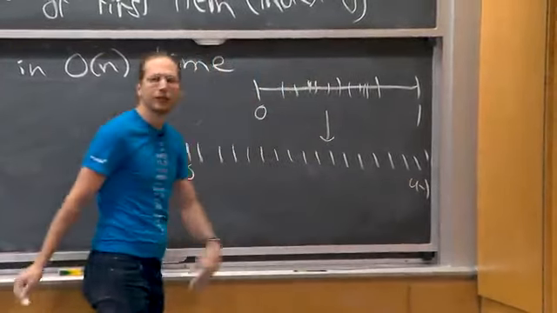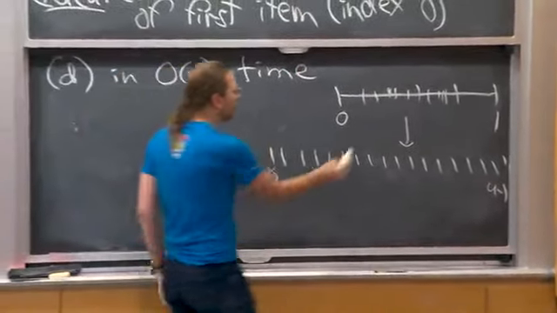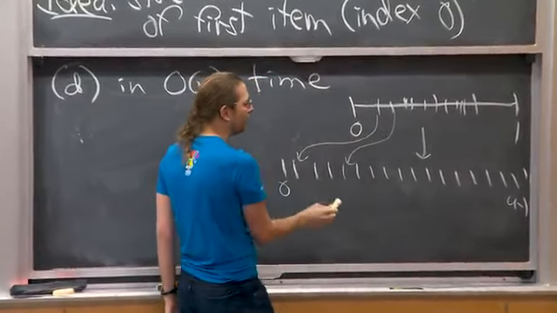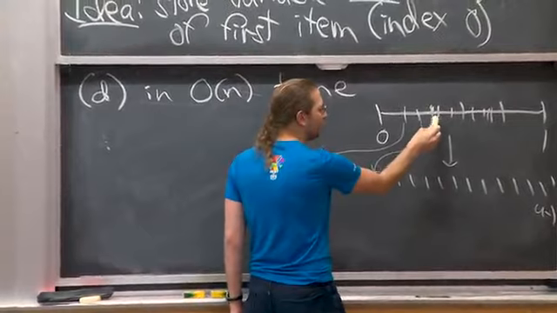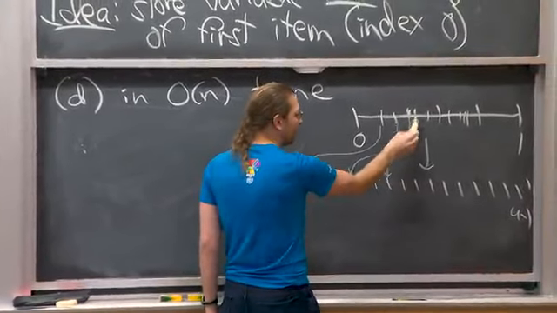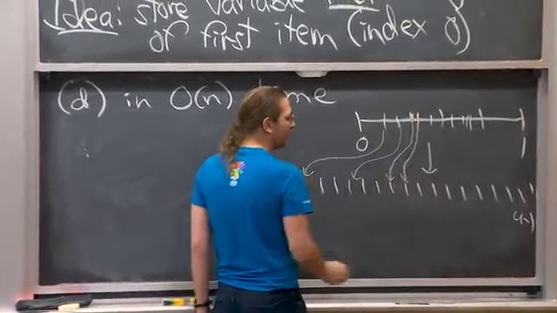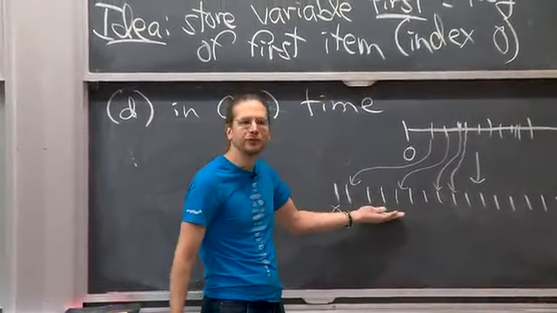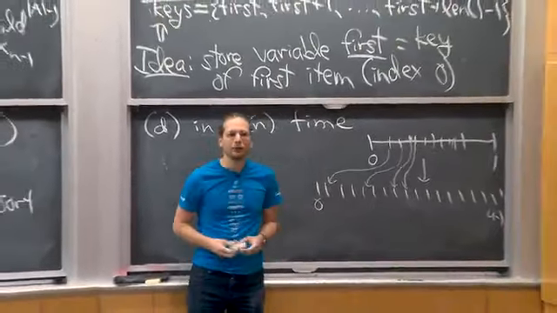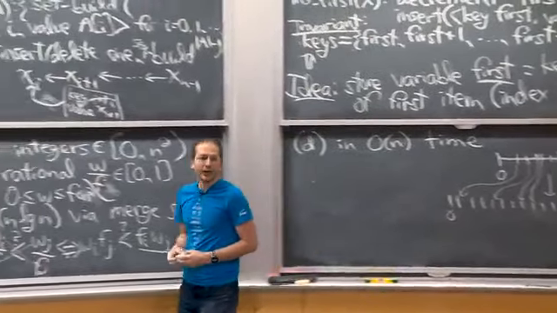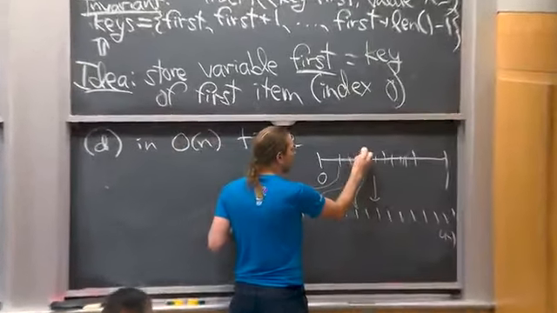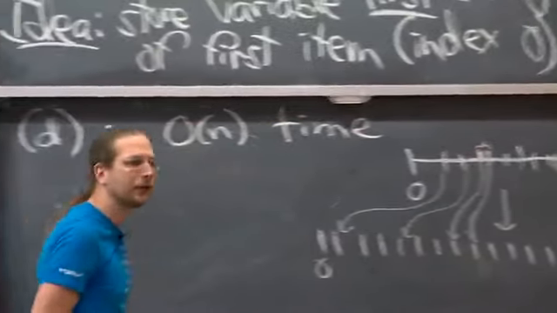And if I could get u relatively small, and I could map each of these, so I want the mapping to be order preserving, and I want two very close but distinct items to map to distinct integers down here. If I could do that, then I just sort by the integers, and that's the same as sorting by the real numbers. And so at this point, I wonder, how close can two of these numbers be?